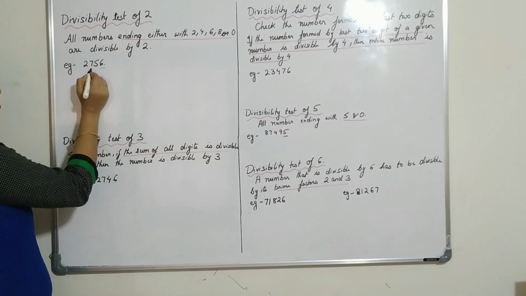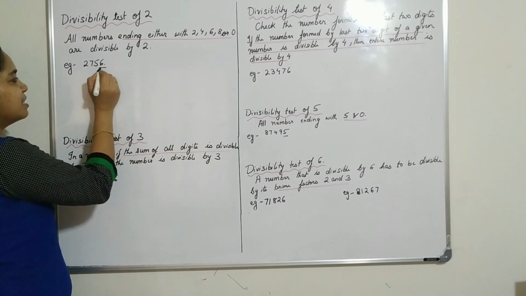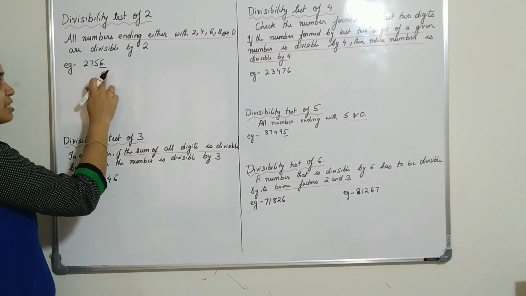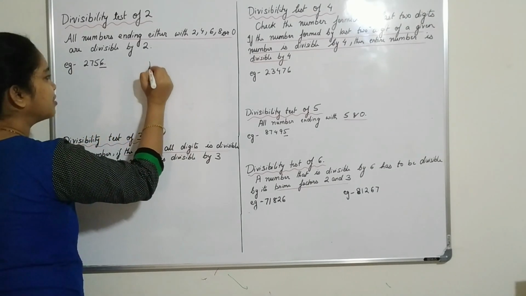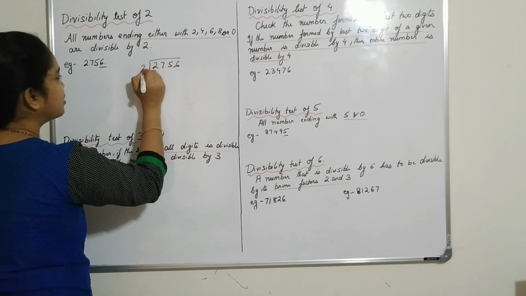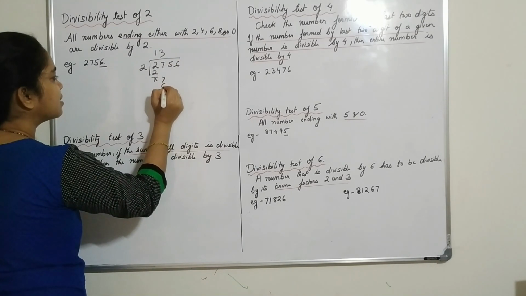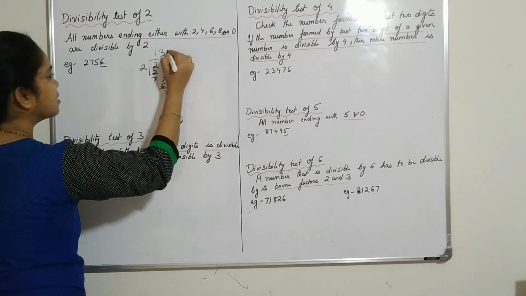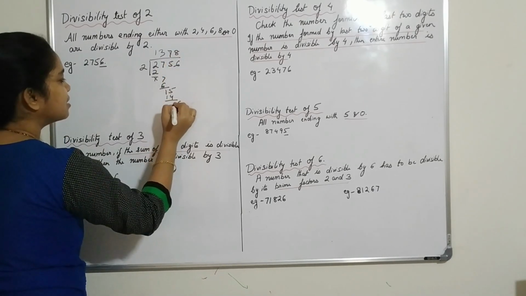In this example the number is 2756 and 6 is the last digit. 6 is an even digit, so it is divisible by 2. We can also find out by dividing. 2 ones are 2, 2 threes are 6, 2 sevens are 14, 2 eights are 16.